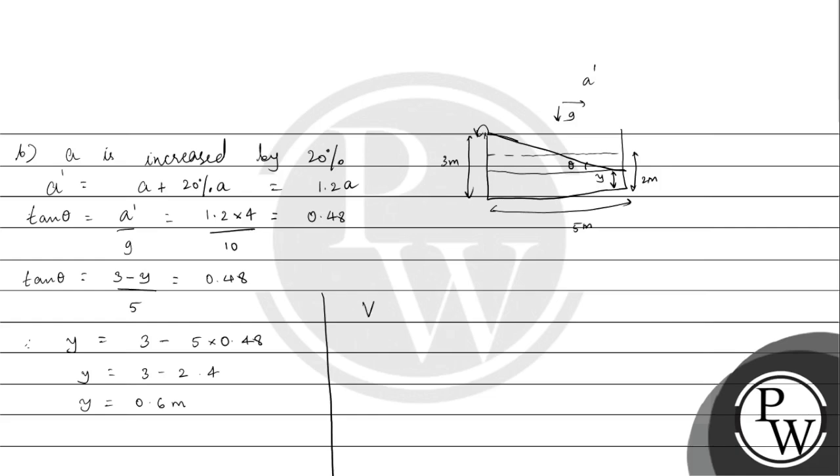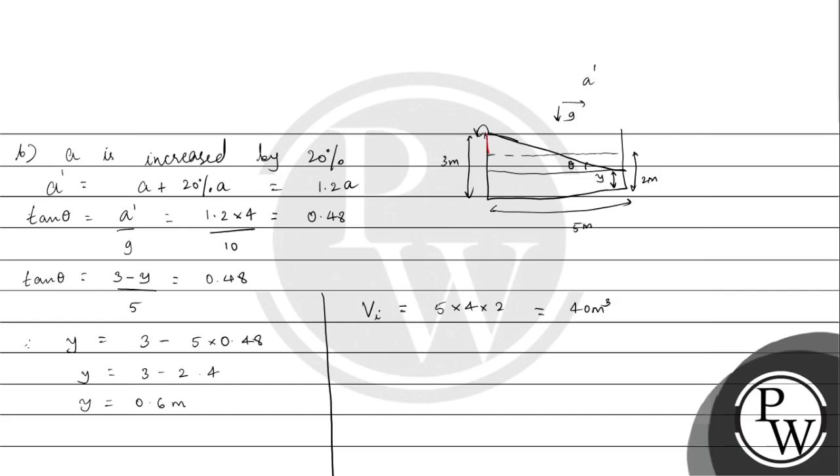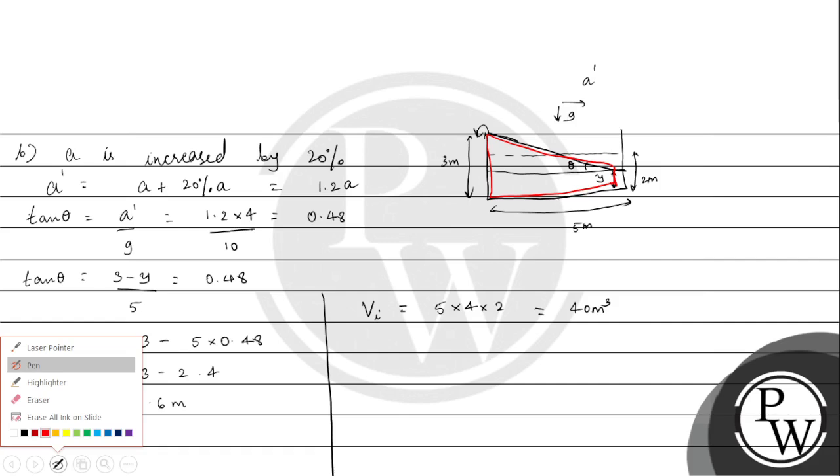So हम यहाँ पे initial volume calculate करेंगे, which is 5 into 4 into 2. So this is the initial volume of the water, which is 40 meter cube. So the final volume will be the volume of this trapezium. ये trapezoid जो है, जो रेड में मैं दिखा रही हूँ, इसका वॉल्यूम होगा फाइनल वॉल्यूम, क्योंकि इतना सा पानी बाहर आ चुका है.